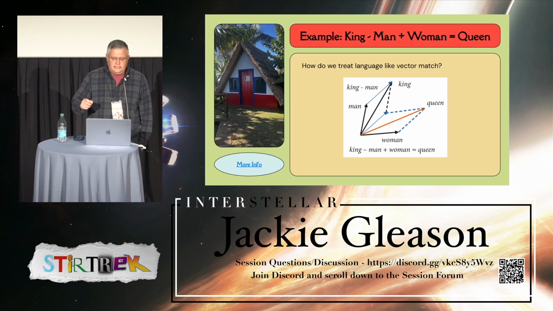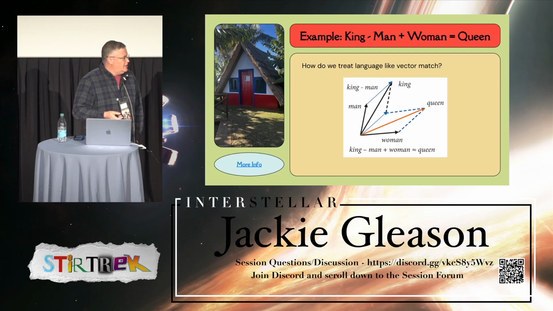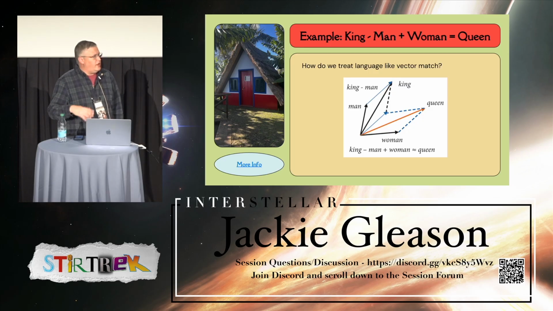In this one, the idea is this is an older problem. If you have a king, you subtract man, and you add woman in the vector space, you should end up near queen. And the idea is that that's because of the context it's trained on, all of that kind of stuff. It embeds that into the embedding model that it's using.